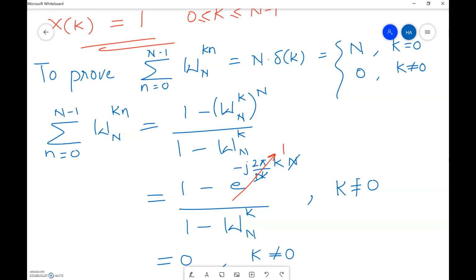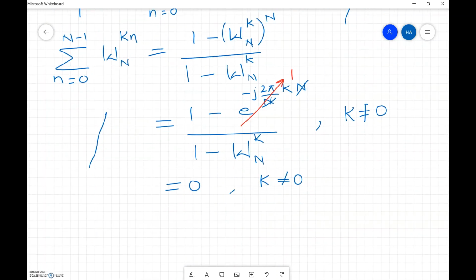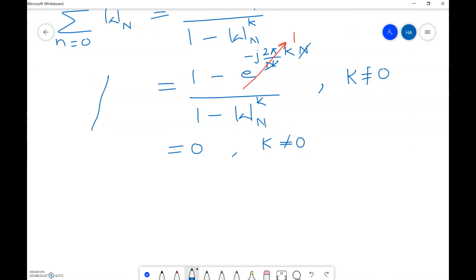Then what is the value of the summation when k equals 0? So let's see that now. How do you evaluate that? In the summation, on the left hand side, we will substitute k equals 0. So in the summation at k equal to 0, let us evaluate the summation n from 0 to N minus 1 of W_N to the power 0.